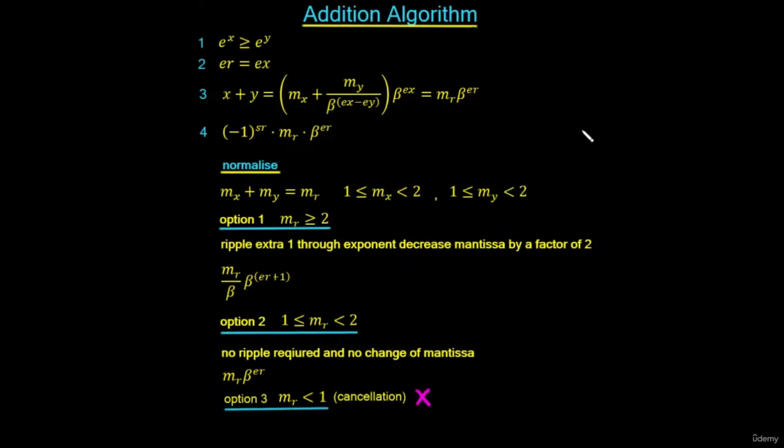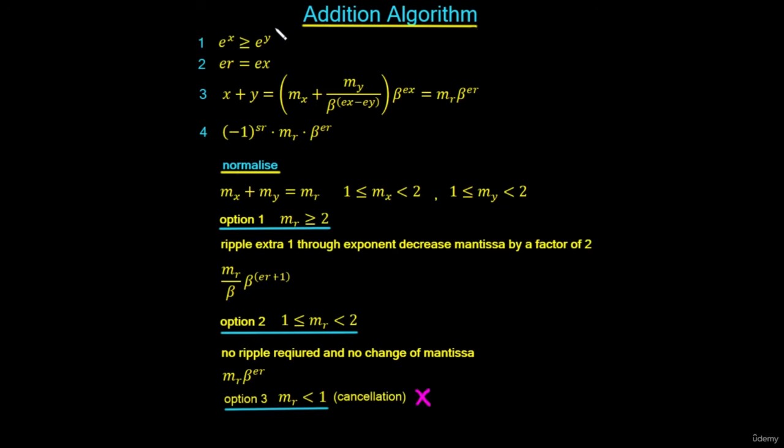So this was our overall addition algorithm. We said that we're going to compare the exponents for x and y, and we're going to ensure that ex is always greater than or equal to the value of ey. This ensured that we didn't need to complicate our circuitry.